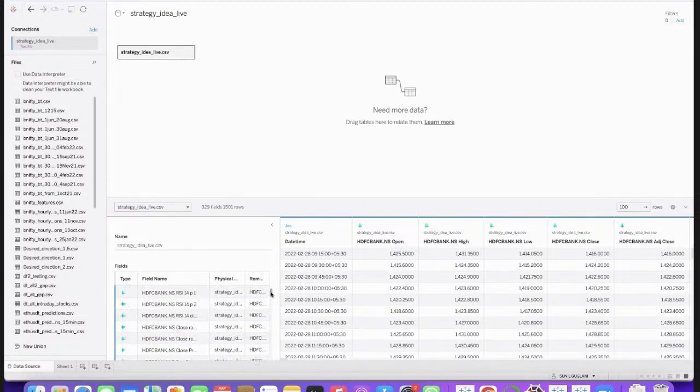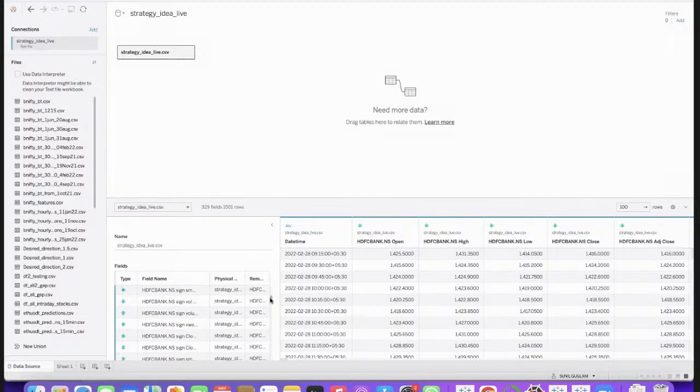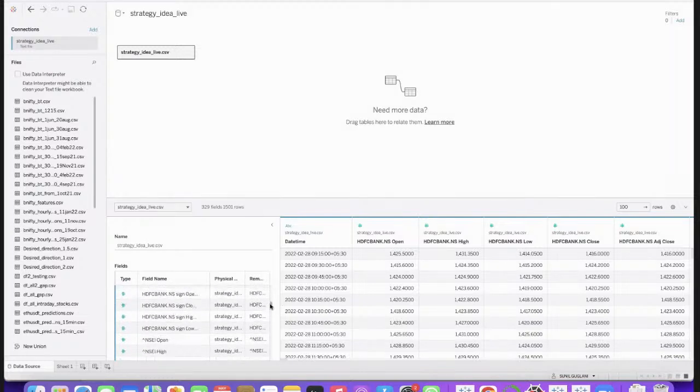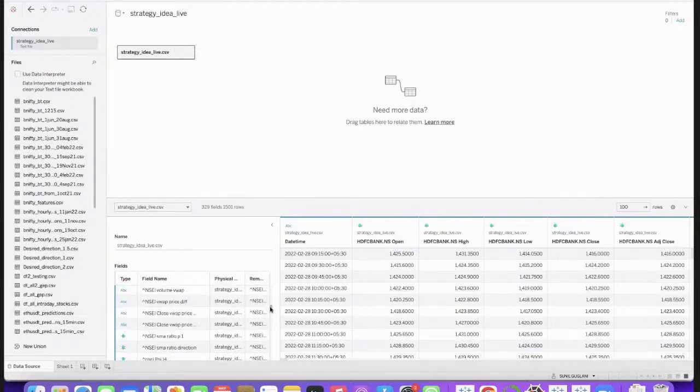Whatever we have defined, it's all visible here. These are the columns which we have defined. And alongside, you can see it is showing the preview of the data also. This is the date time column, and this is the data inside these columns.